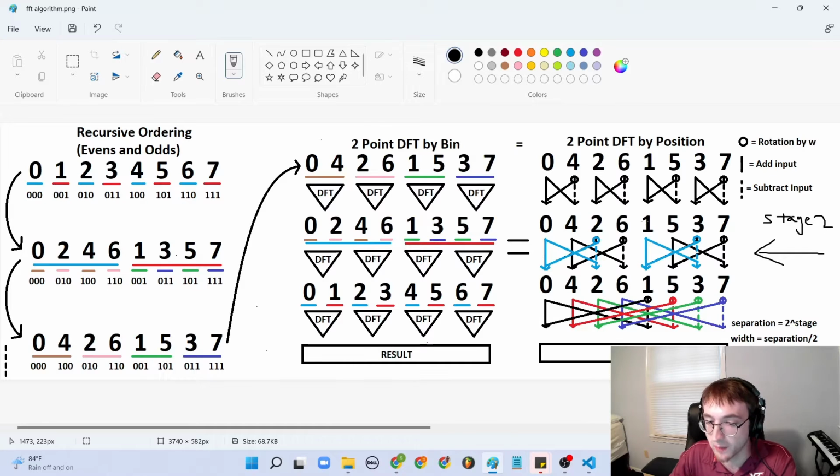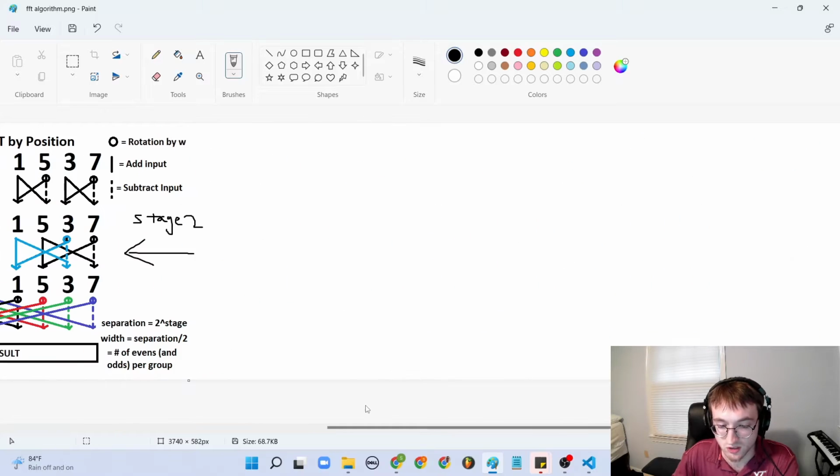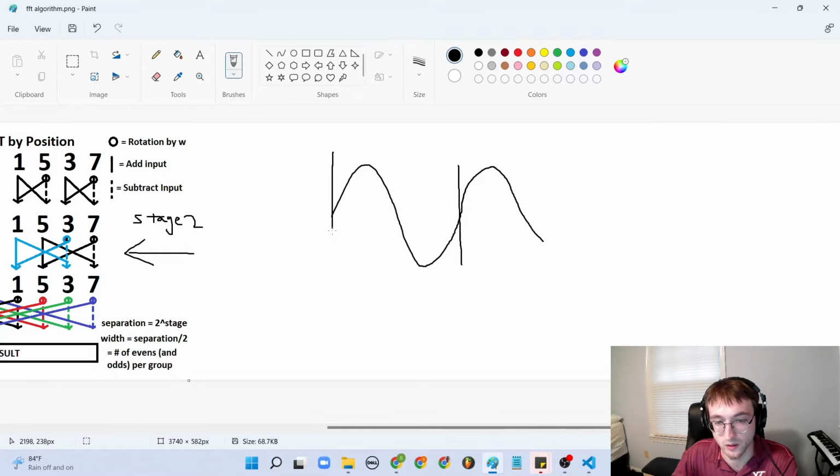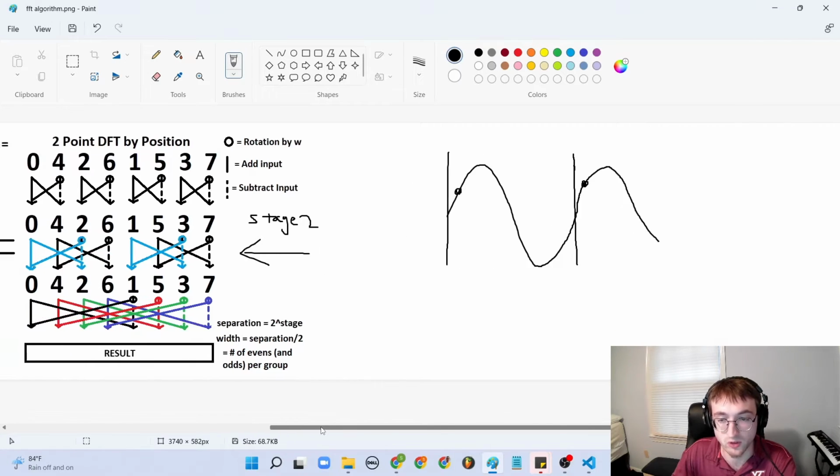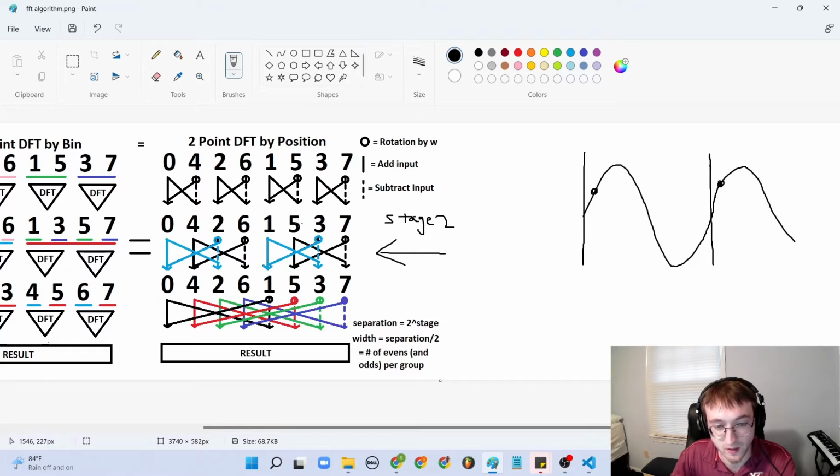But the thing about sine waves and cosine waves is, let me draw something for you. We have a wave, and here's 1 period. After this point, this point is exactly the same. And that's what we were doing.